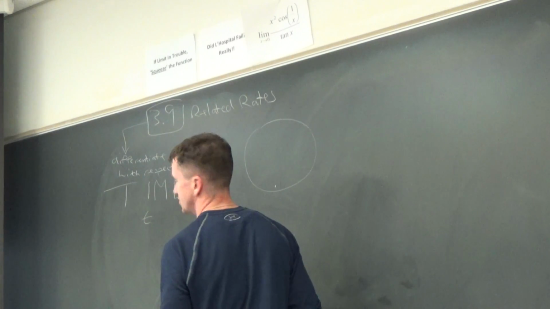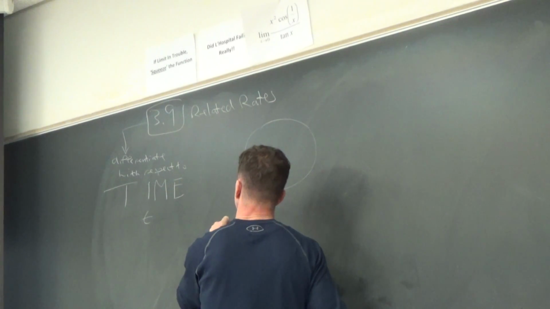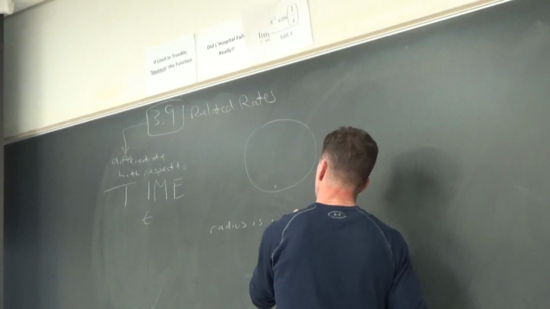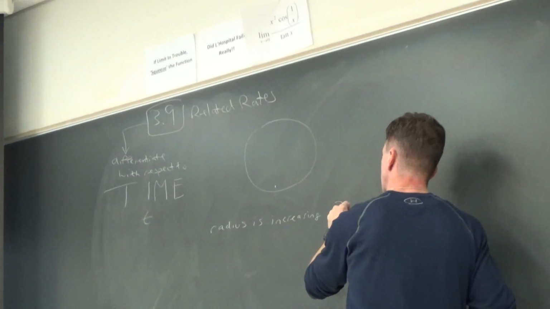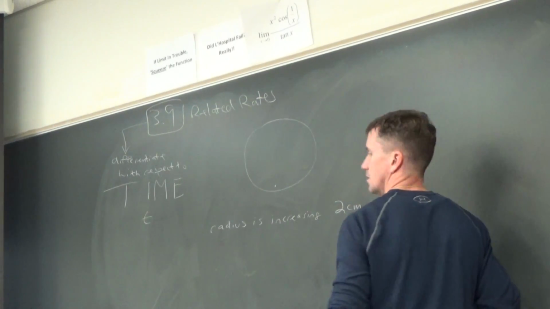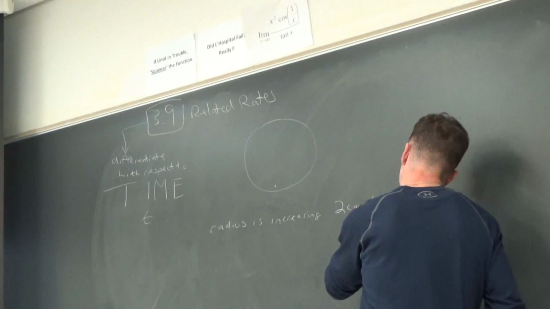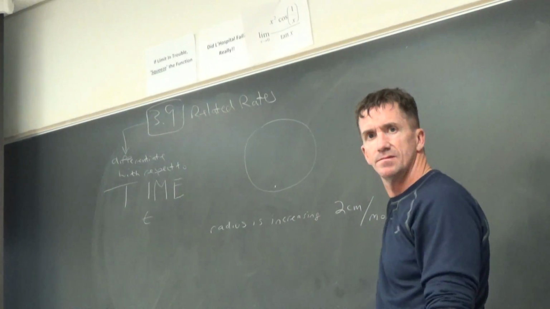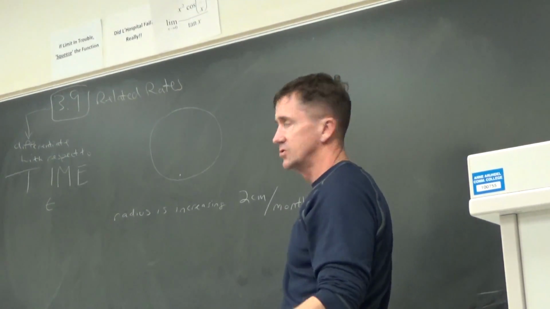And how fast is it changing? Let's say the radius is increasing. I'll do centimeters. 2 centimeters per month. 2 centimeters per month. That sound good? Every month, the radius gets how much bigger? 2 centimeters.